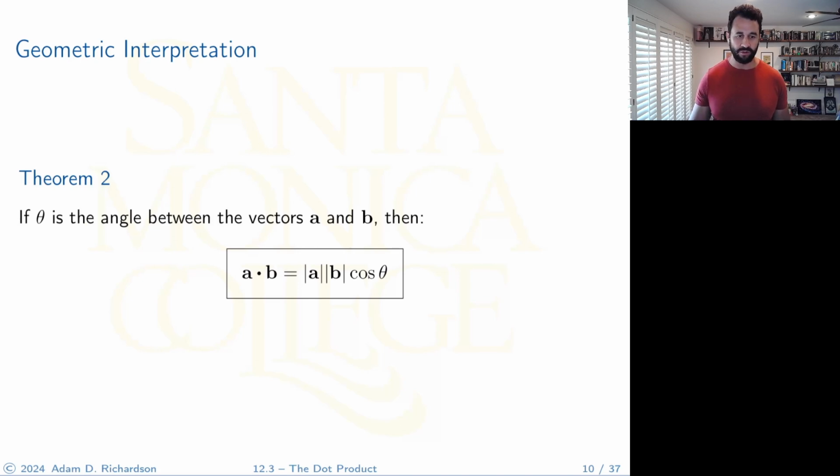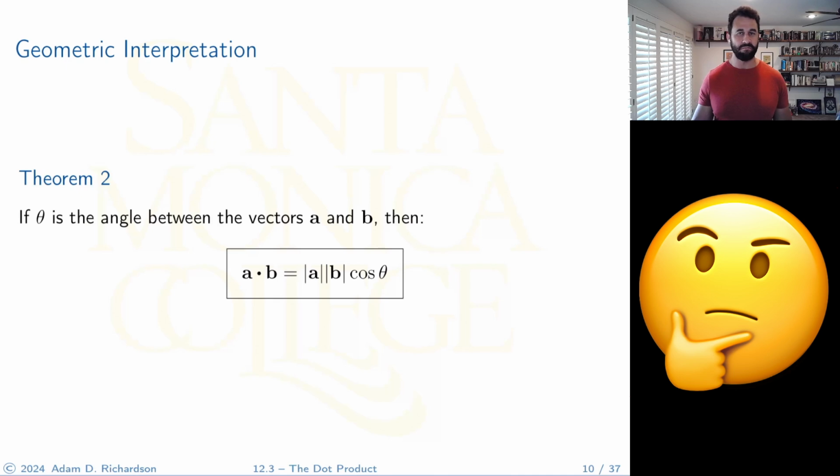So just stare at this for a moment and ponder it, mull it over in your head. Look at the formula for a minute, and we're going to make sense of it in a couple minutes here. Length of A times length of B times cosine of the angle between them.